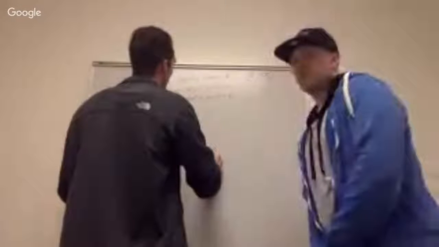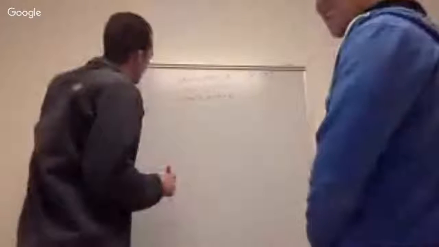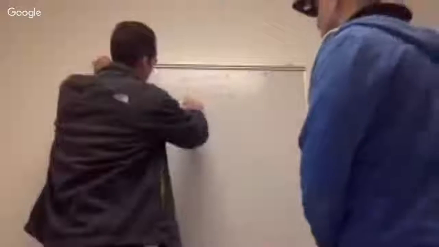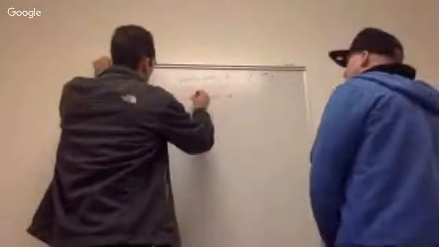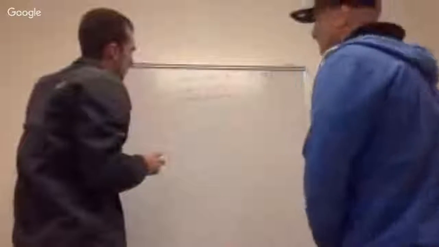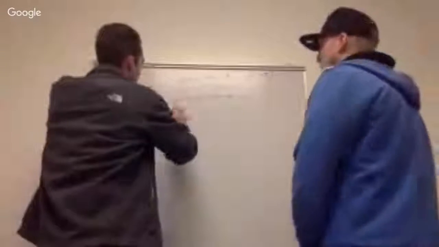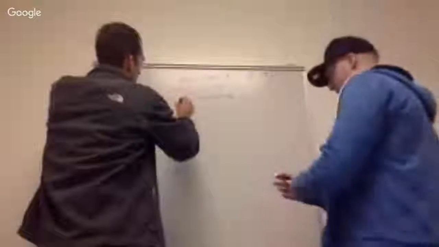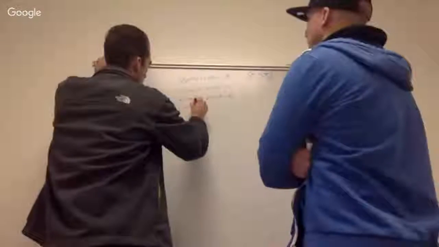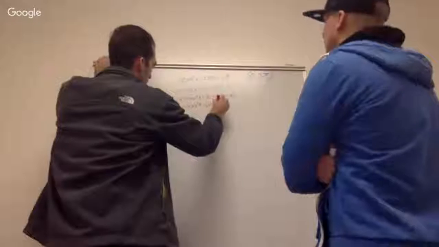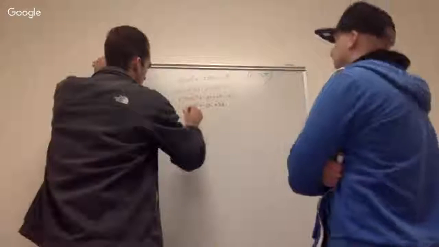No, you don't. This is where you want to get it to equal 0. Okay, so then it'll be 1. You can rewrite it how you want to write it. So I want it to be cosine.